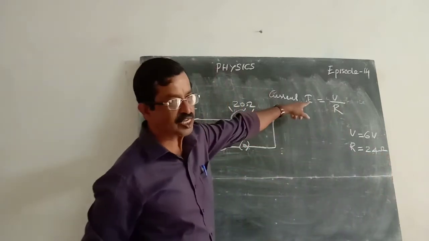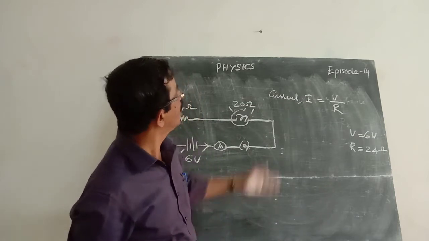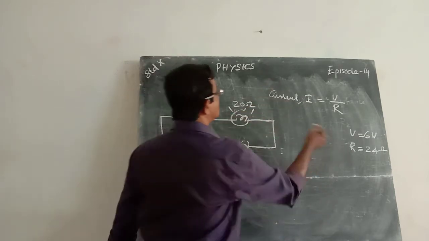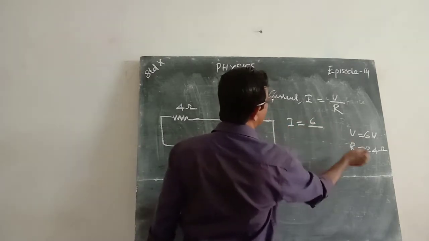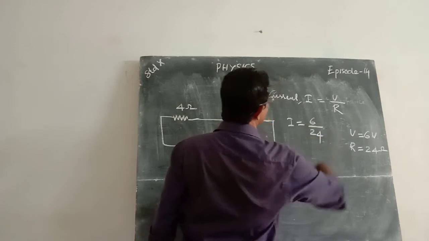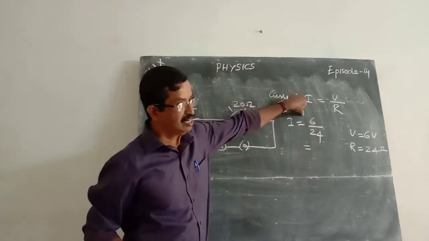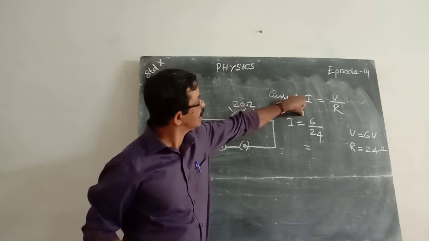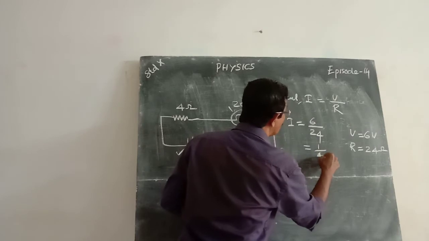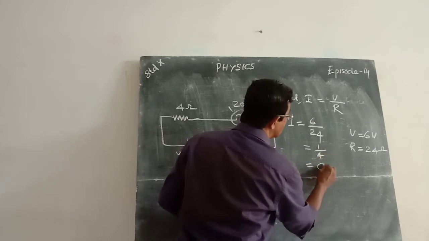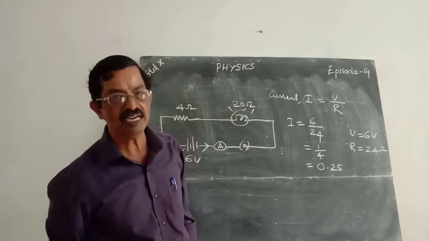Now in this relation I is equal to V by R, if we put these values, I is equal to V, that is 6, by R, 24. 6 by 24 is equal to, we know here 1 times 6, here 4 times, that means 1 by 4. 1 by 4 is equal to, how much will it be? 0.25.